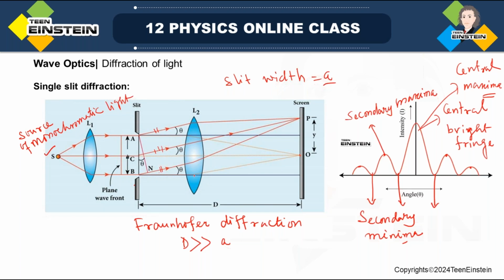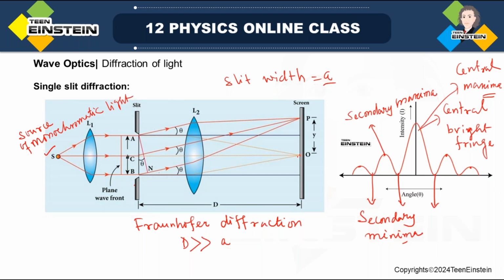They are all coming directly from the slit to the screen, traveling the same amount of path to meet at O. So there is no path difference, and they are meeting in phase.